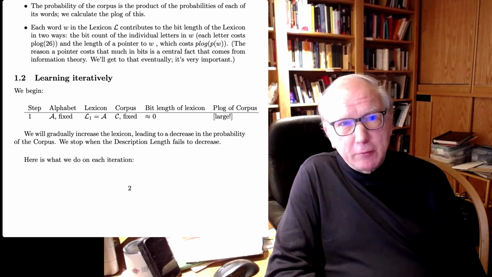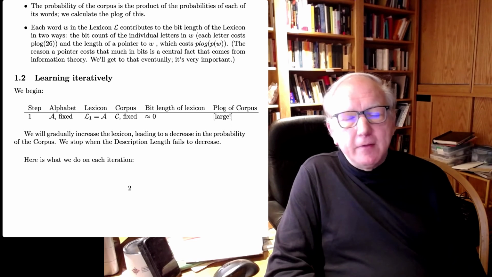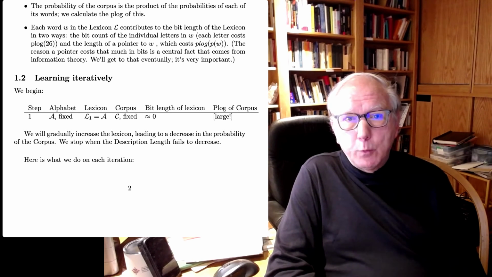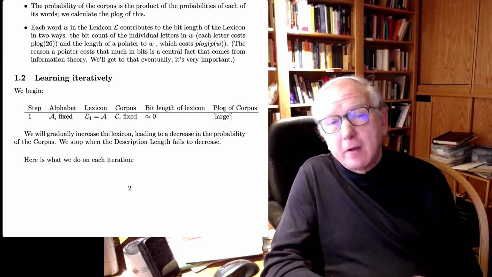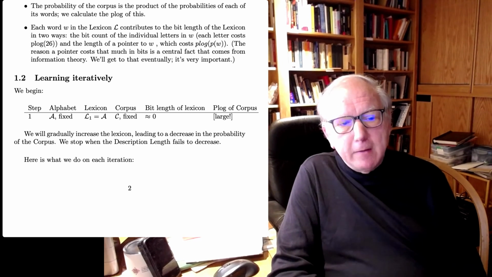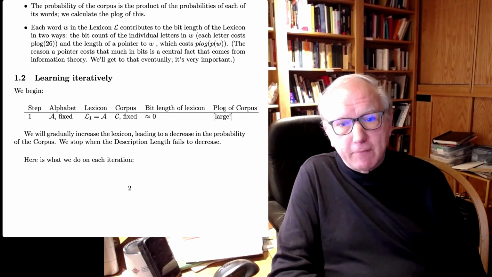And the description length of this corpus is equal to the number of bits in the grammar, which is the number of bits in rule 1, plus the bit length of the lexicon, which I said was very close to 0, plus the plog of the corpus, which we've just seen is a little bit less than 5 million.